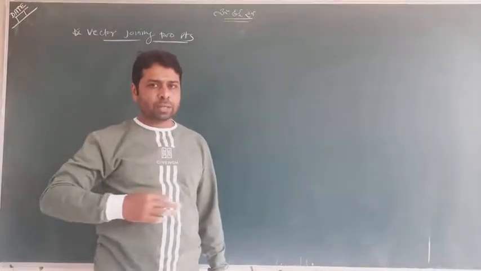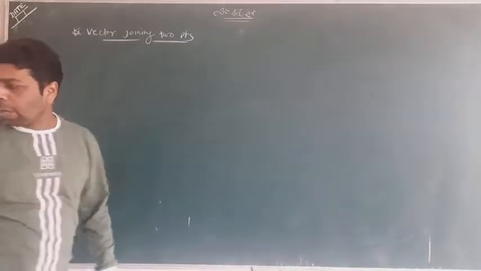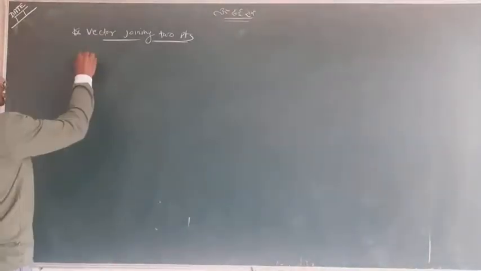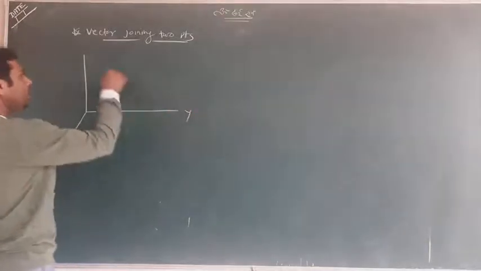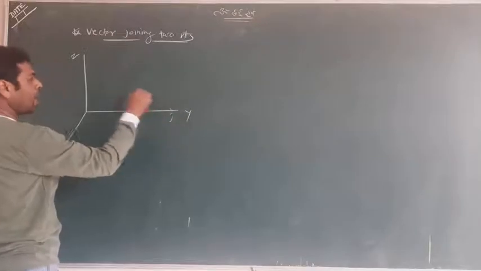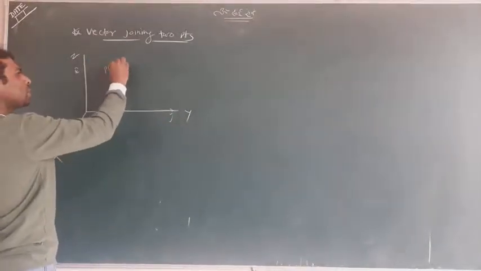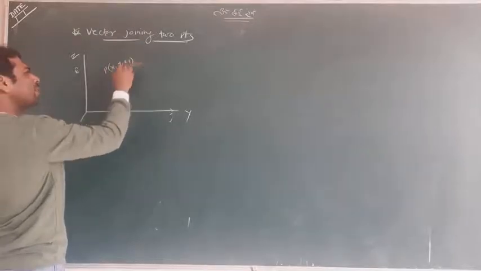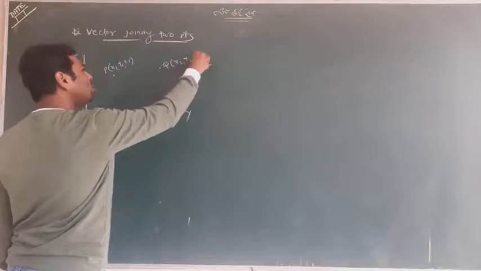Suppose A is given and B is given. So what will be its vector? Look at it, I will try to tell you. Suppose these are X, Y and Z axes, with i cap, j cap and k cap given. Suppose P is (x1, y1, z1) and suppose Q is (x2, y2, z2).